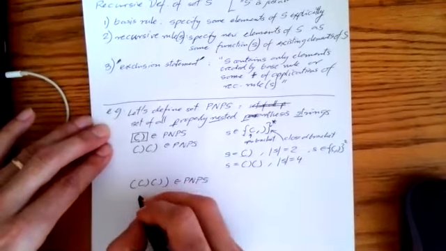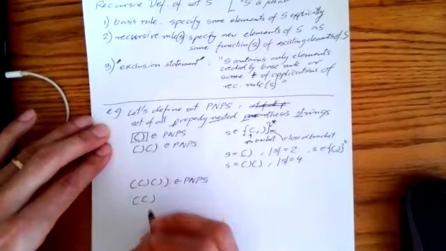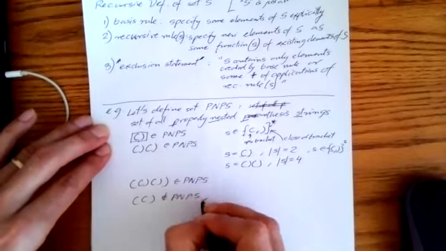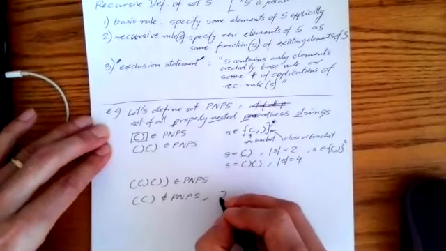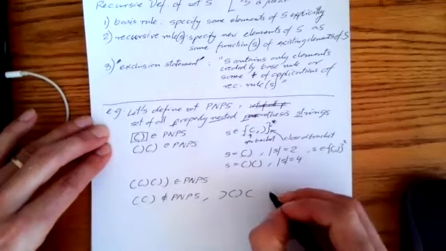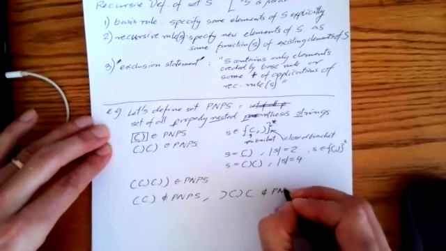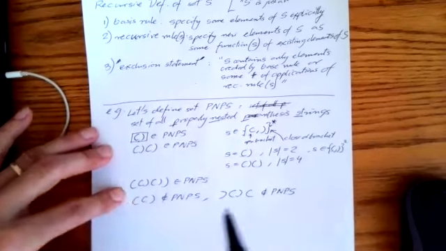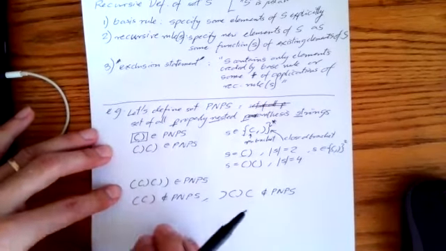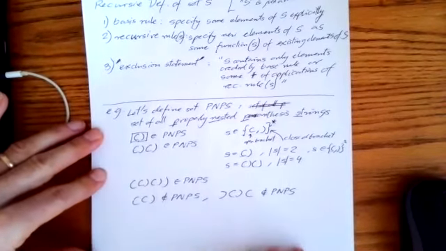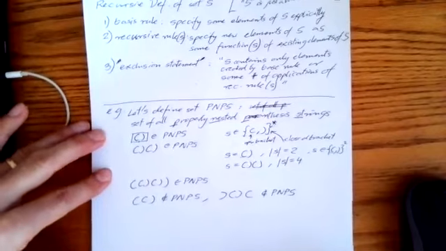But something like this, open, open, close, is not. Or some weird stuff where I close and then open and close and then open. I don't like this, it's out. So how on earth am I going to define properly nested parentheses strings?